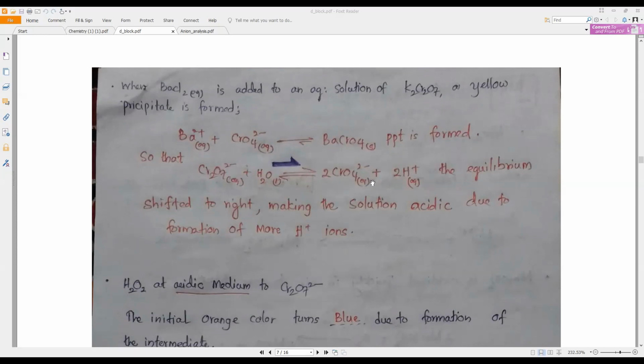For an example, if you think about the equilibrium, there will be 100 ions of chromate in the solution when you have one dichromate in the equilibrium. According to Le Chatelier's principle, the equilibrium is shifted towards the right-hand side in water. That is why you observe this chromate color, not dichromate.